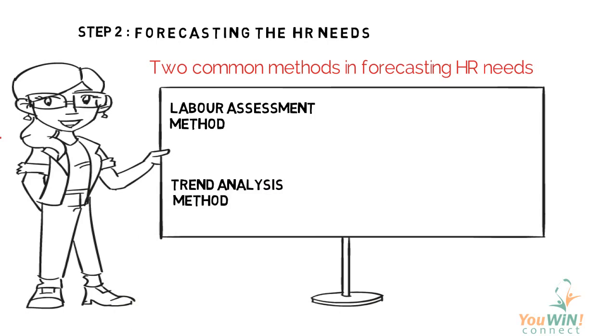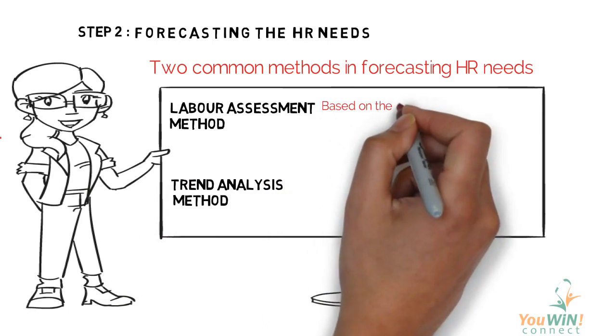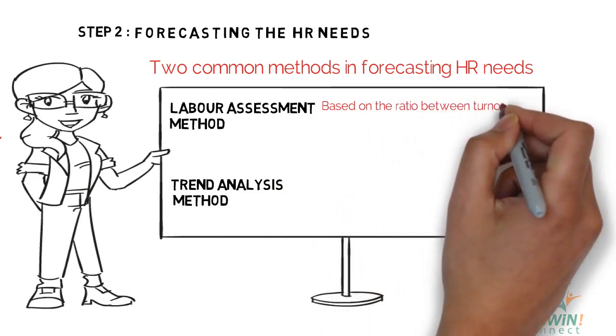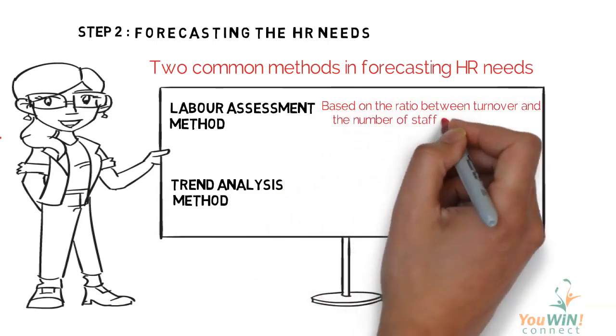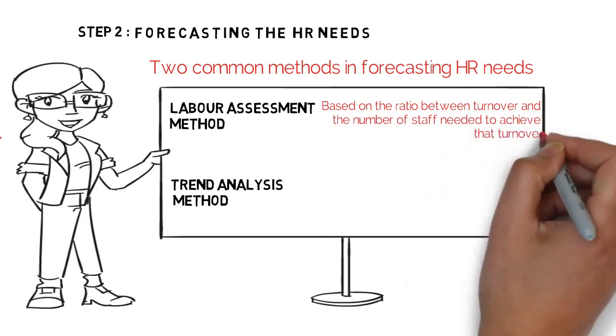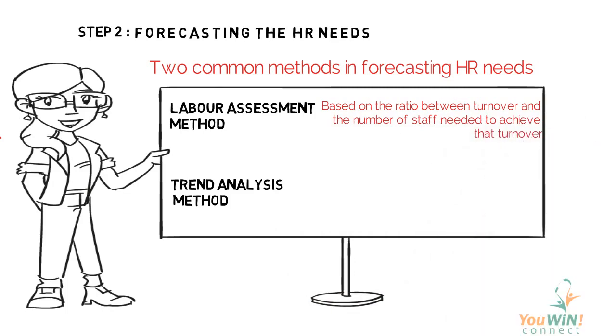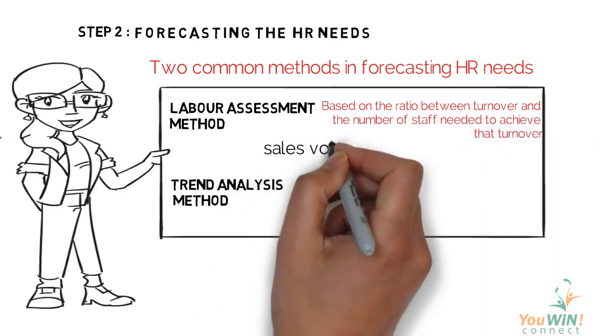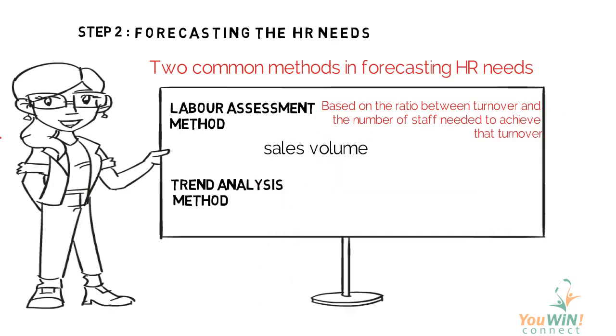The labor assessment method is based on the ratio between the turnover and the number of staff needed to achieve that turnover. So for instance, your sales volume. If you've set your objective or a target, a particular target as your sales volume, you then need to look at the number of staff that you're going to need to achieve that turnover.